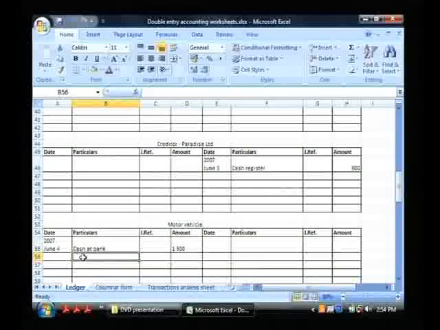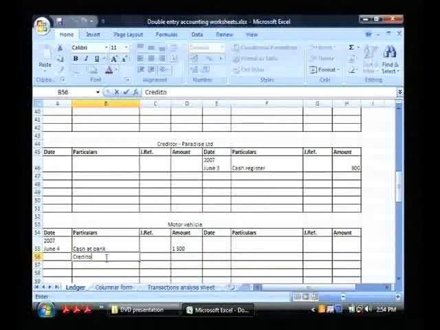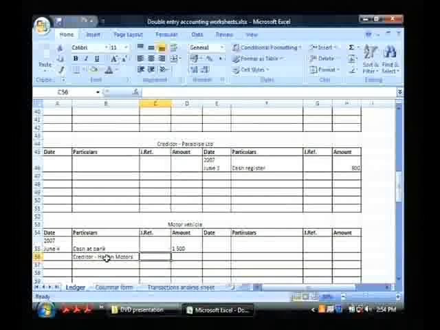And also the 500 kina, the balance amount is a liability, so this 500 is to be credited to the creditor's account. Creditor Hagen Motors, 500 kina.